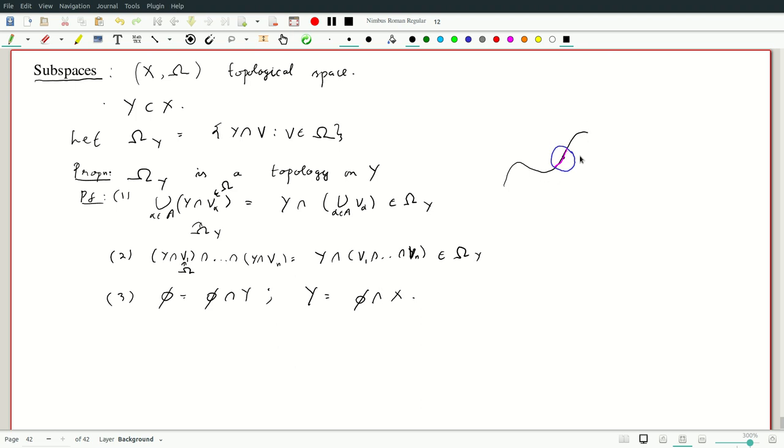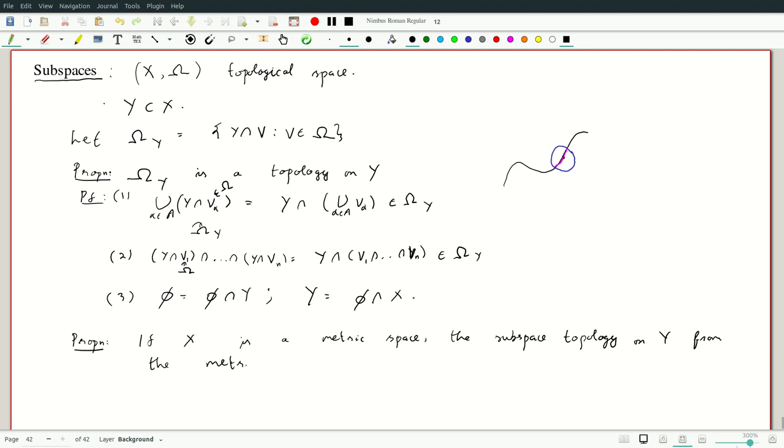So this is an example where you can take the subspace topology. The second proposition, which follows straight from the definitions, is that if X is a metric space, we have two possible topologies on Y: the subspace topology on Y from the metric topology on X, and the metric topology on Y with respect to d_Y, which is the restricted metric.